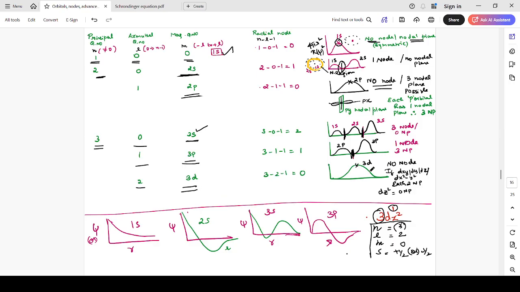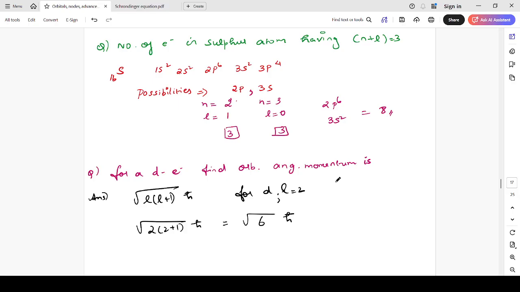For 3d, I don't have a node at all. Clear till this? Yes. Okay, right.